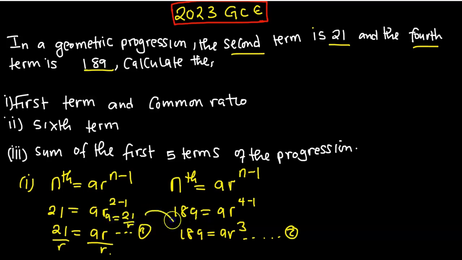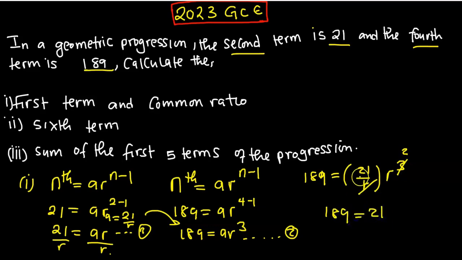Okay. Then it's the one that we are going to replace in this one, where is A. So we are going to say 189 equal to, where is A, we put 21 over r, multiplied by r to the power 3. This time we can cancel here, and also cancel there. Cancel one r, remain with r squared. So 189 equal to 21 r squared.